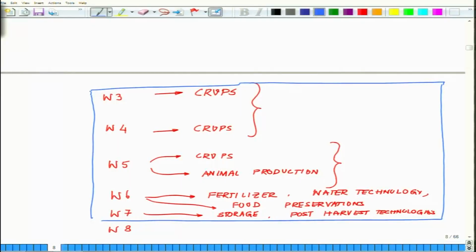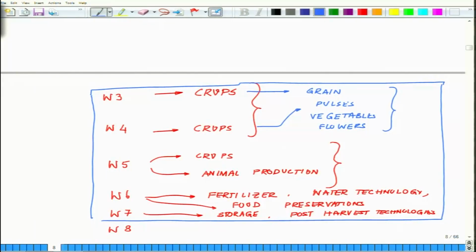We will talk about their applications in different crops, which will include our grain, pulses, vegetables, flowers, and so on and so forth.